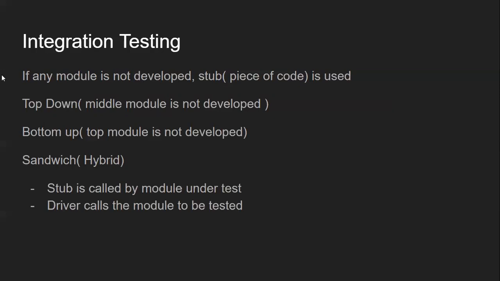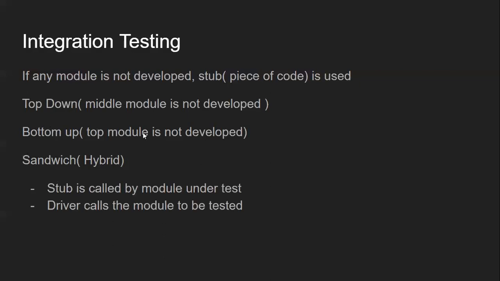Integration testing is done with three approaches: top down, bottom up, and sandwich. In top down, the middle module is not developed, so the first and the last are done, and instead of the middle one, a stub, which is a piece of code, is used. Whereas in bottom up, the top module is not developed, so the middle one and the bottom one are present.